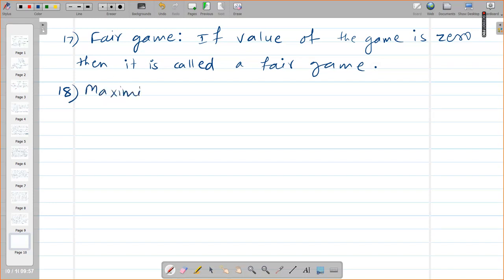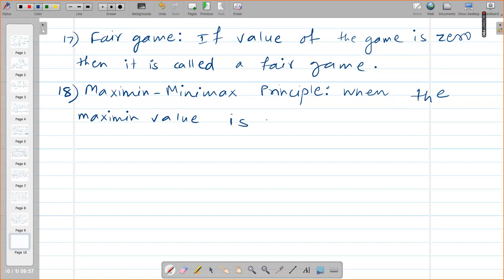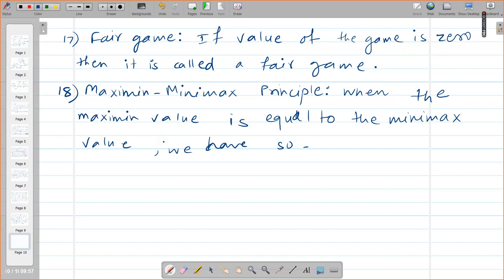Maximin Minimax principle. When the maximin value is equal to the minimax value, we have the so-called maximin minimax principle.